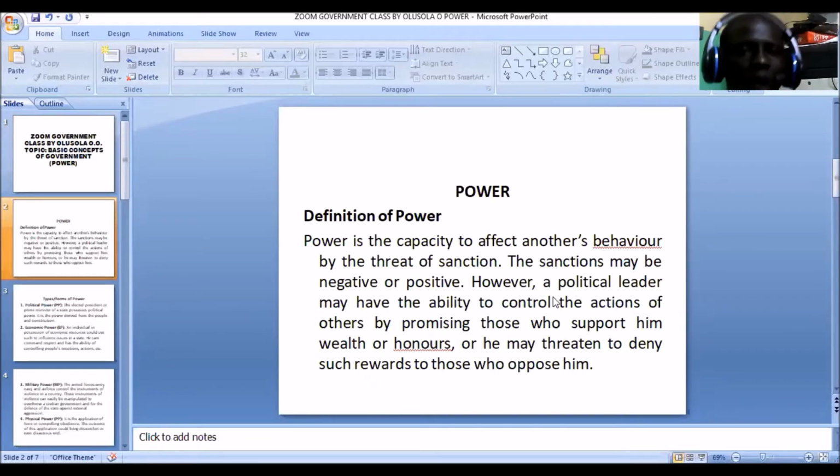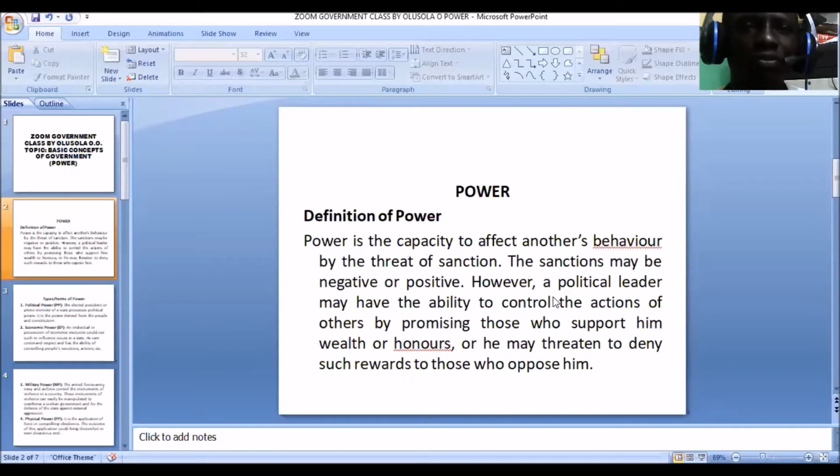When we talk of power, the word power metamorphosed from a Greek word. That is where the word power was coined from. Power is called dunamis in Greek. That is what the Greek people refer to as power.